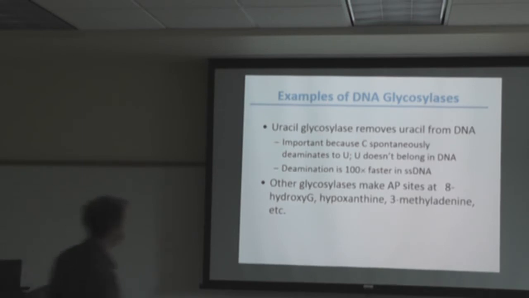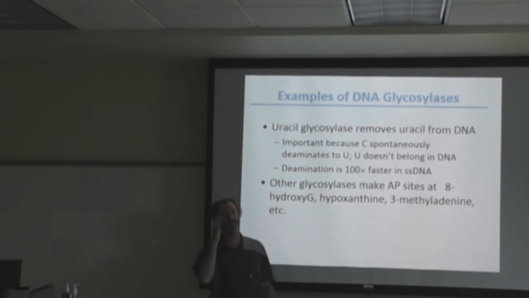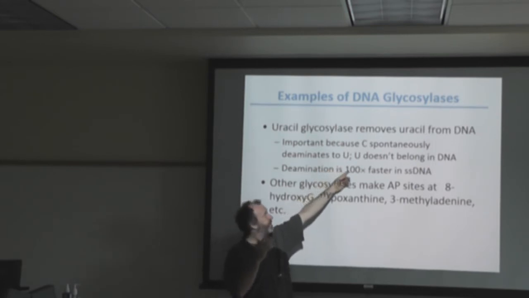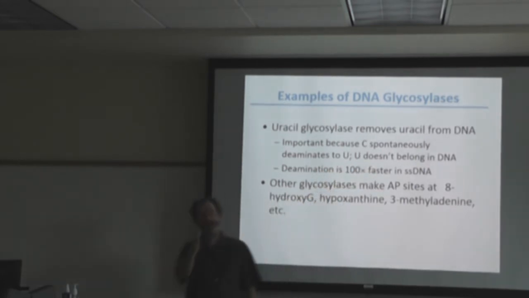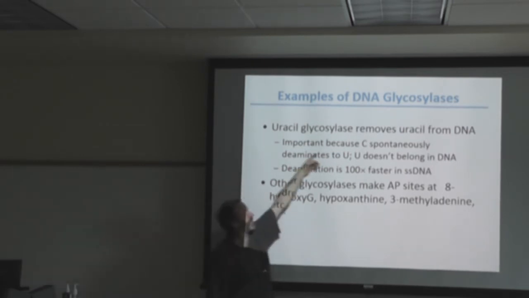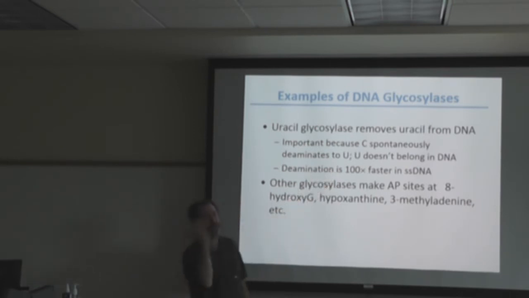But C will spontaneously deaminate. You lose the amine group from the cytosine, and it spontaneously converts to uracil. Uracil is recognized as not belonging in DNA, so uracil glycosylase will recognize any uracils in the DNA and cleave the uracil out and leave that AP site.